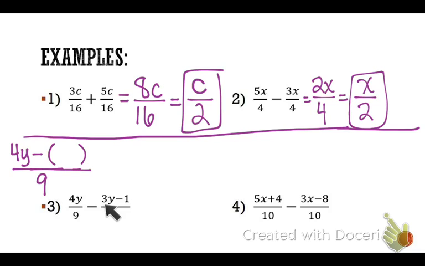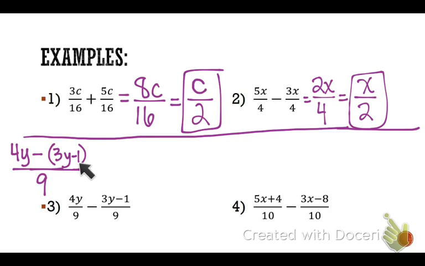Remember, if we have a binomial in a numerator like that, it's kind of trapped together in parentheses. So that's how I would recommend writing any sort of binomials or polynomials, especially if it's a subtraction problem, because this minus sign is not only going to change the sign on the 3y, it's also going to change the sign on the 1 in the back.